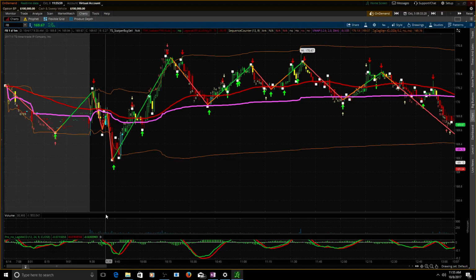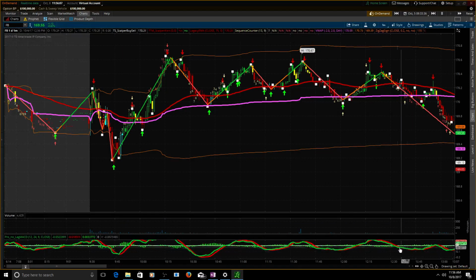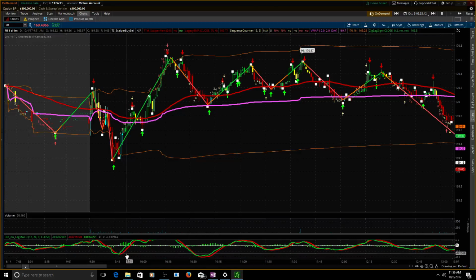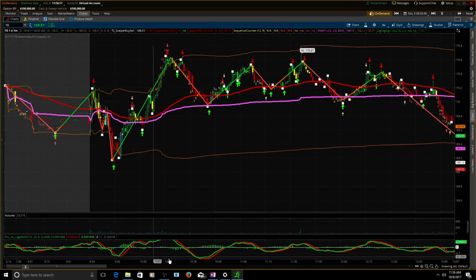The first thing I'm looking for is a crossover on here to confirm whether or not I should enter a trade. Before I look for a crossover, I would need at least 3 indicators telling me I should enter a trade going long or short. First one being the crossover here.